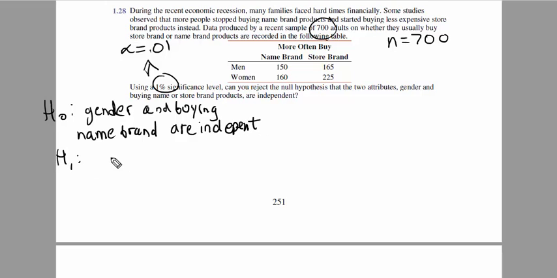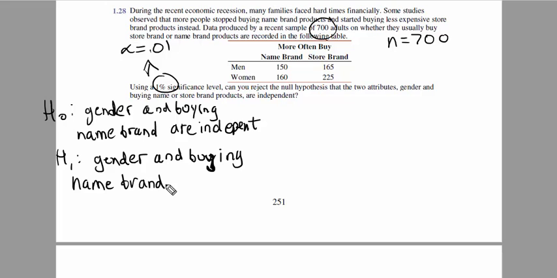And then that would mean that H1 is that gender and buying name brand are dependent. I think I spelled independent.